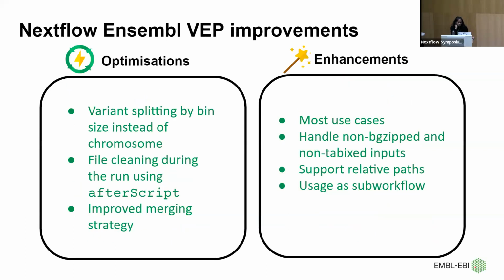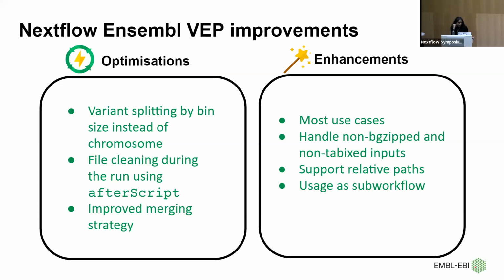Some of the optimizations and enhancements since we started were, first of all, like I mentioned, we shifted from taking chromosome as the input to splitting by bin size. And often these pipelines generate a lot of intermediate files. While there is a way to clear up the work folder after the run, there was nothing that I was aware of to clear out the space while the process was happening.